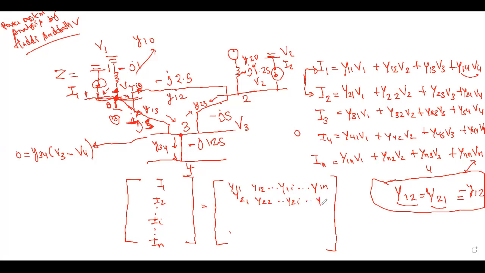It depends upon the number of currents basically. I will write a generalized equation for this. That generalized equation only we will be using when we are solving the problem, so that you don't get any doubt. Yn1, Yn2, see here I have written Yn3 and Ynn, and this is called state space form in control theory.